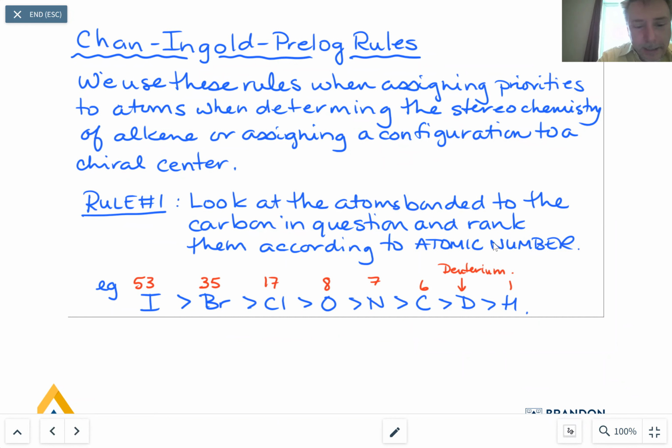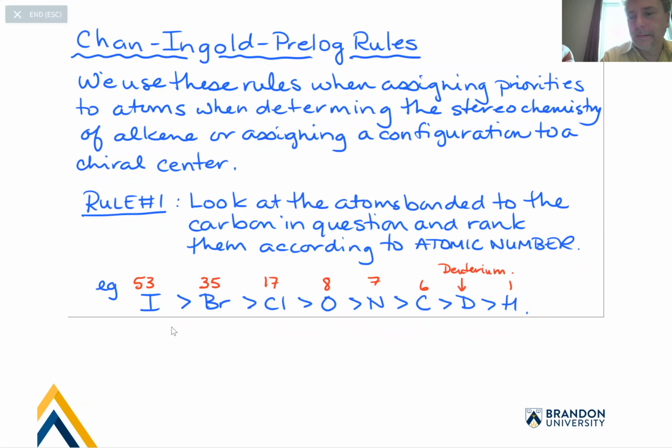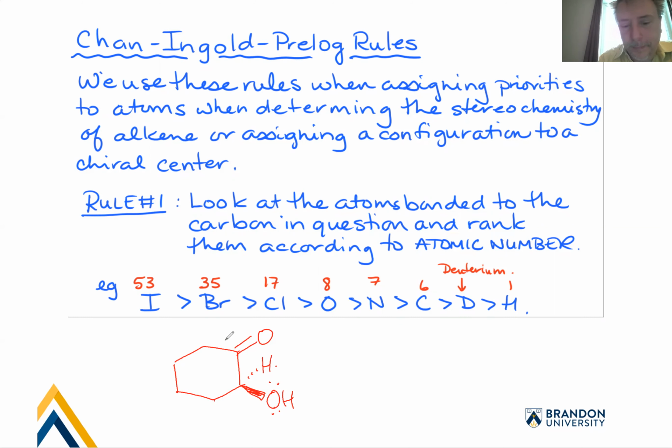So in the example which we just had, we've got 4 atoms bonded to this carbon, so we are going to look at proton, oxygen, carbon, and carbon. And we rank them based upon atomic number.